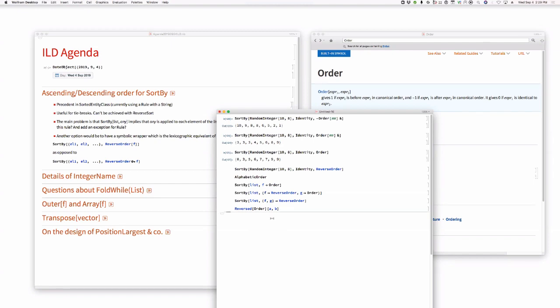That will be order of BA. Yeah, so if you change order by P, we typically call these ordering functions P. So it will be reversed of P of AB colon equals P of BA.